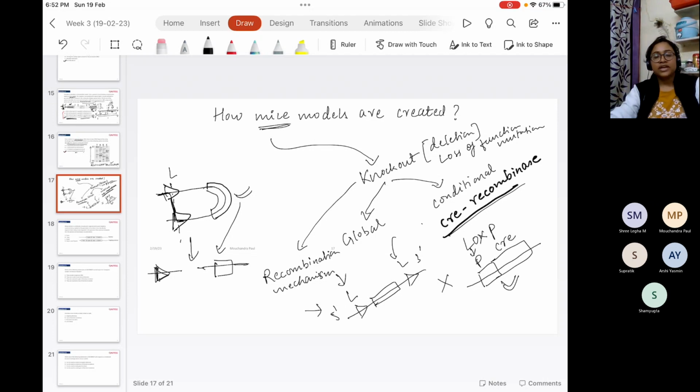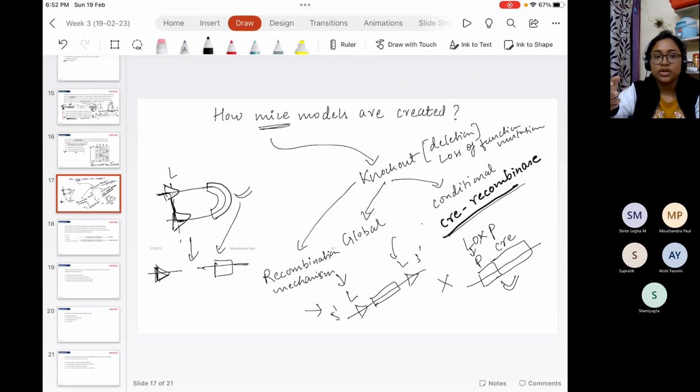Okay. So you are saying, why not add both LoxP and Cre in one mouse and see, right? Let me think about it. You have to add two transgenes in a particular embryo in order to see how that embryo is developing.